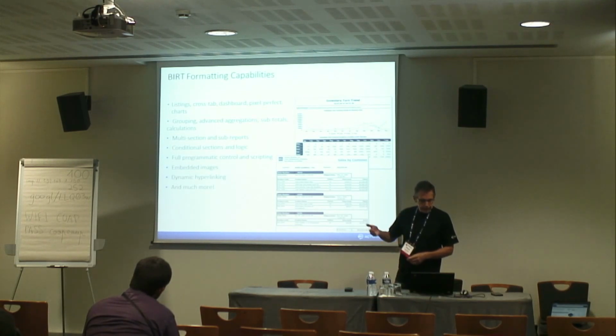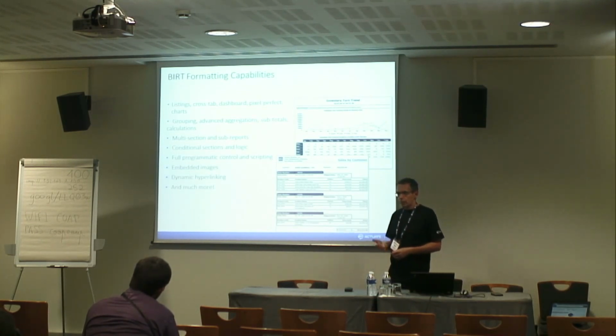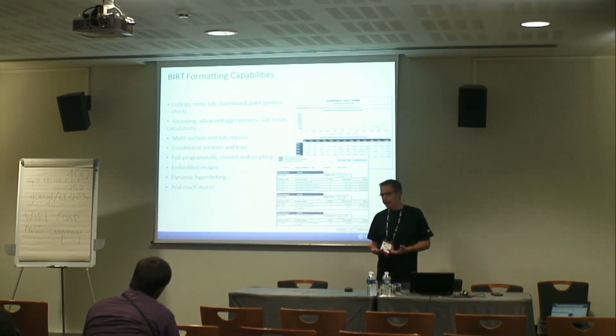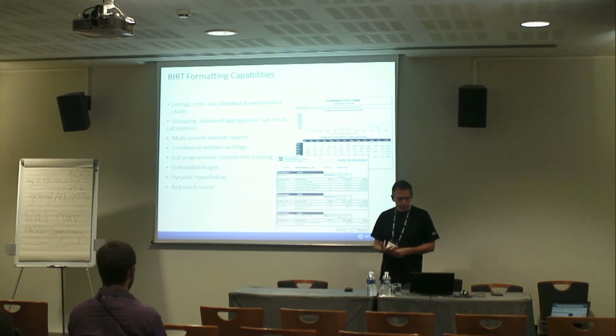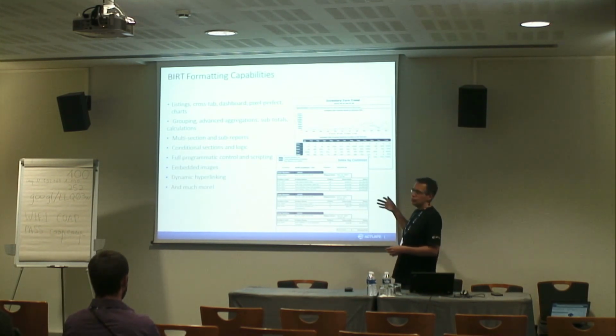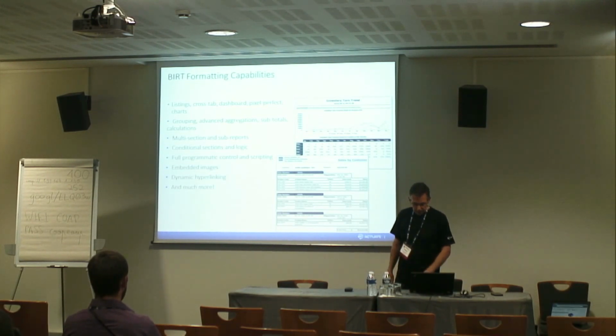You can create listings, crosstabs, dashboards. There's also grouping, advanced aggregations, creation of new columns, multi-sections, sub-reports, etc. So it's a very rich environment for creating reports. Just two examples, not even the best examples of what you can create with BIRT open source.